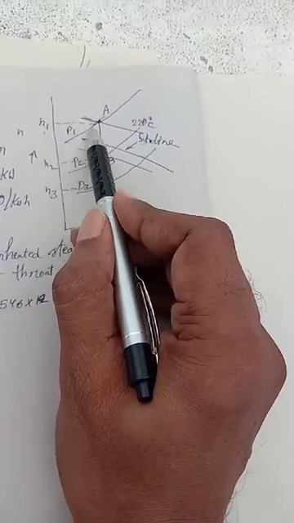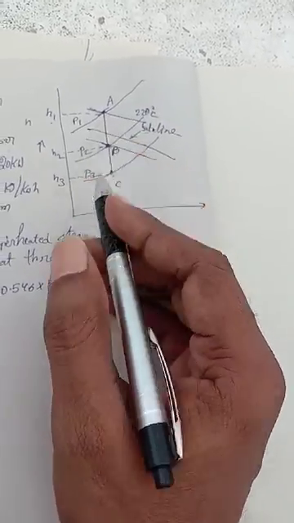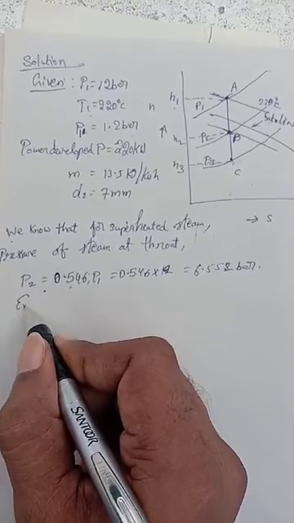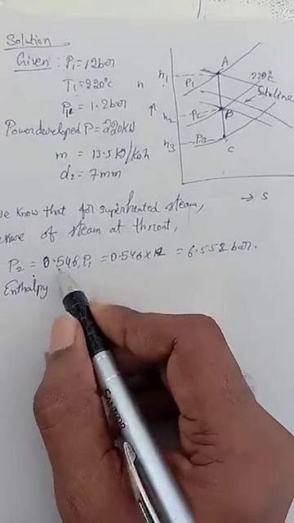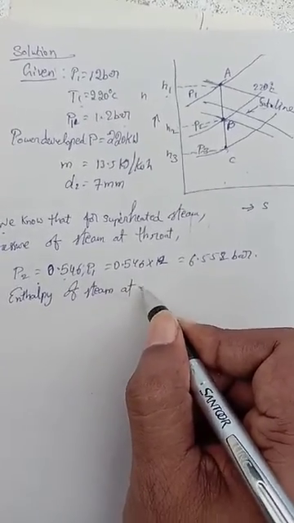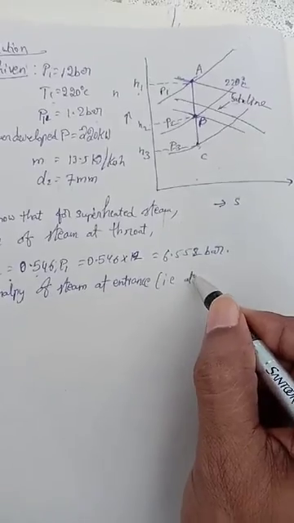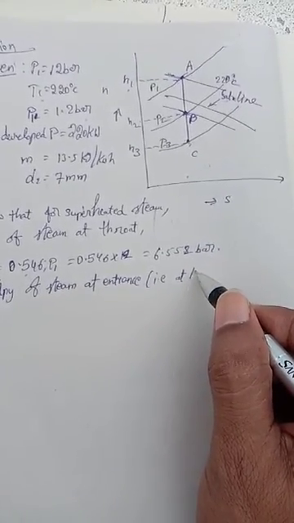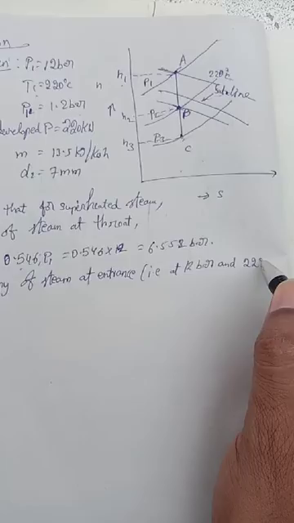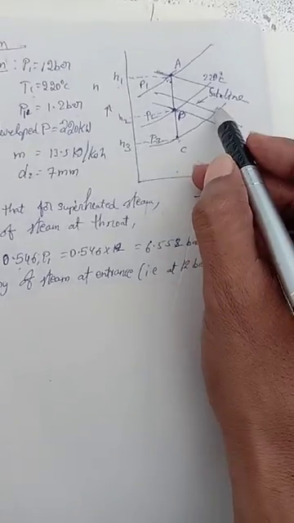We need to find the enthalpy of steam at entrance, H1, that is at 12 bar and 220 degrees Celsius. So pressure P1 and 220 degrees Celsius.